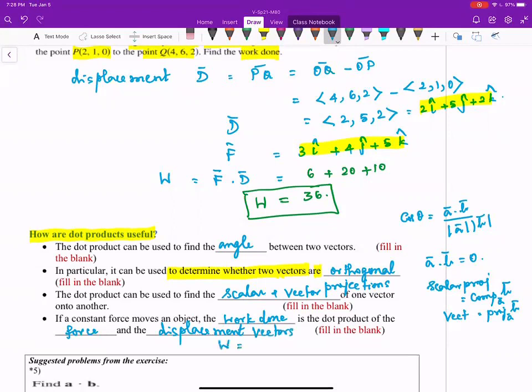So here we know that W equals F dot D. So this is about the concept of this section 12.3.